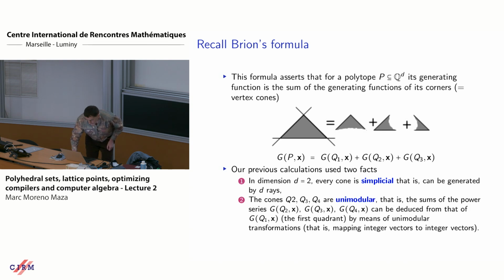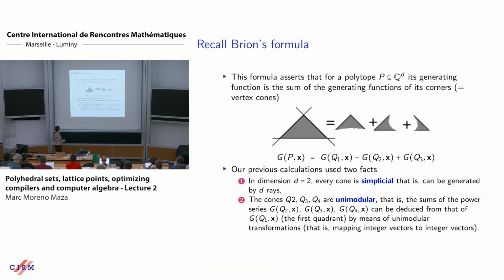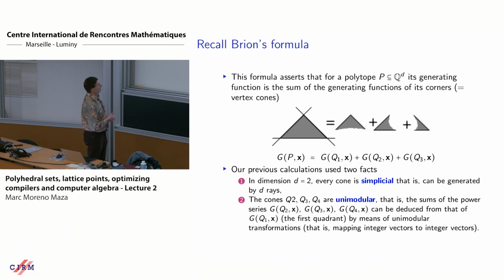And also, we could make this simple transformation on those series because these cones were given by unimodular rays, so we could make unimodular transformation. That's why computations were so simple. But in general, that's not going to be true either.